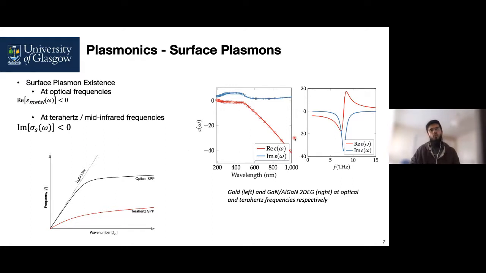If we move to the terahertz frequency region, we have a condition which says that the surface conductivity should have an imaginary part in order for the surface plasmons to exist. As I said, this condition is met by some semiconductor devices or materials.